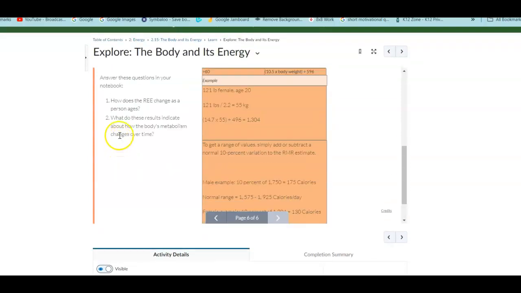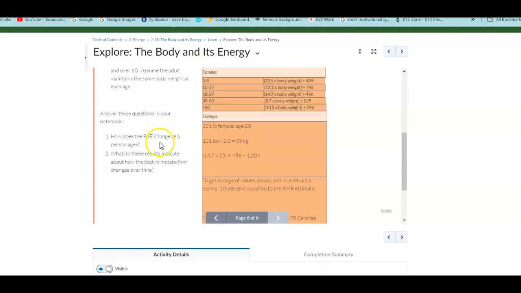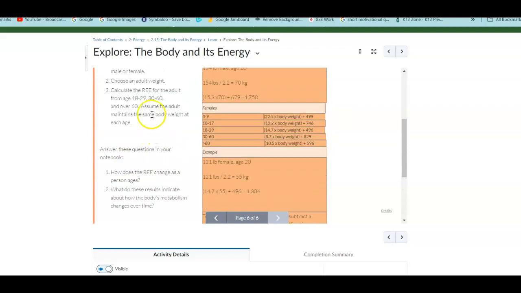All right, so you're answering these questions in your science notebook. One, how do these change as a person ages, and what do these results indicate about how the body's metabolism changes over time? In order to answer these, you need to have your calculations showing as well.